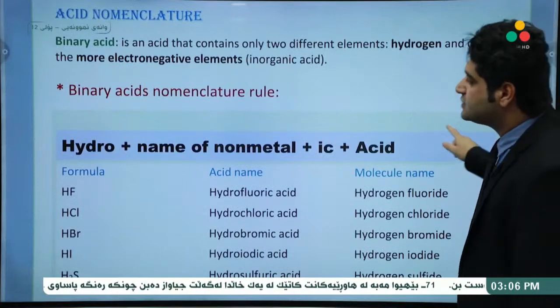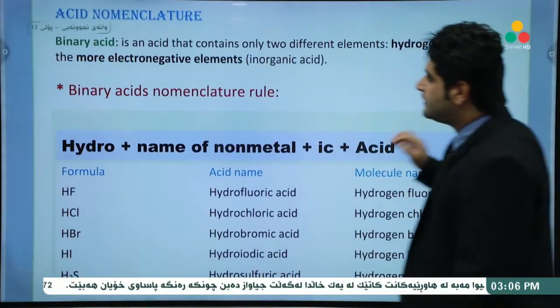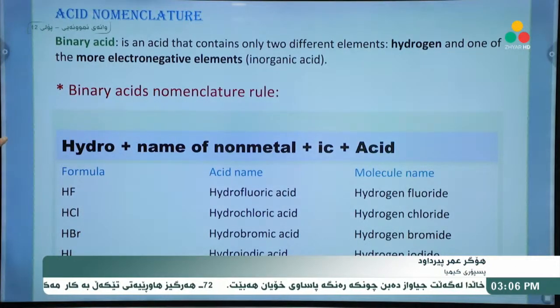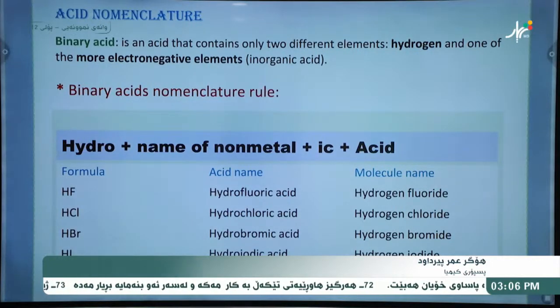Well, acid nomenclature. We have two types of acids, binary acids and ternary acids or oxyacids. For binary acids, we have two atoms.